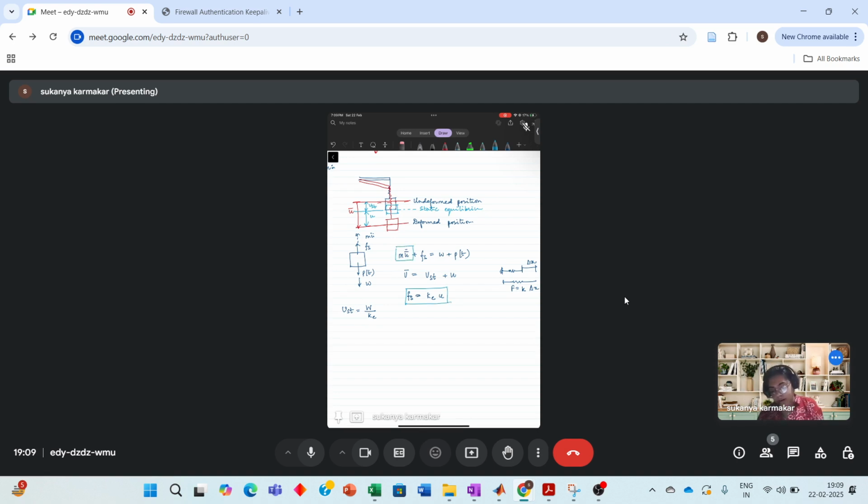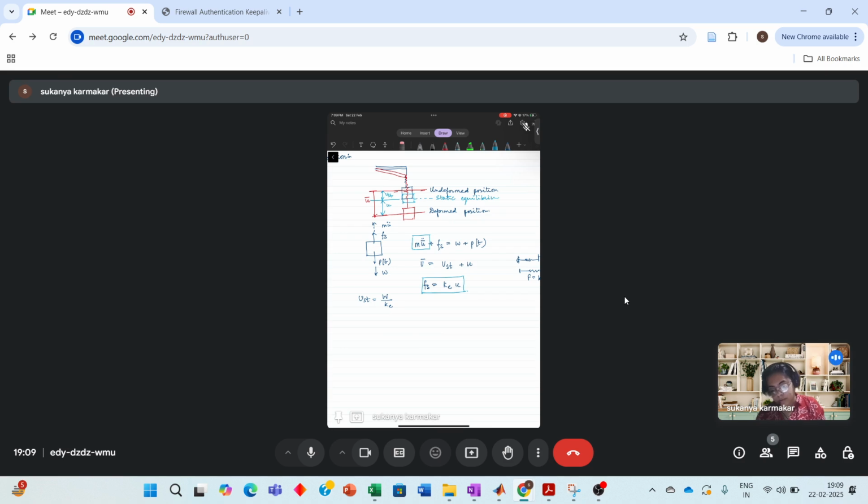So I highlight these 2 points here. Now just substitute here. What is U double dot? U double dot will be U. Am I doing the right thing? Yeah, I'm doing the right thing.